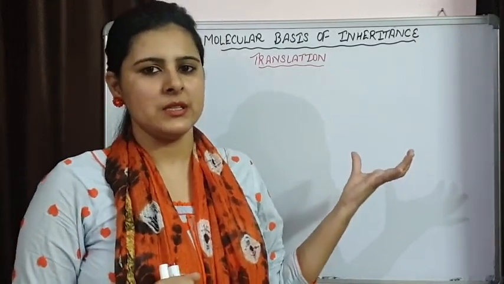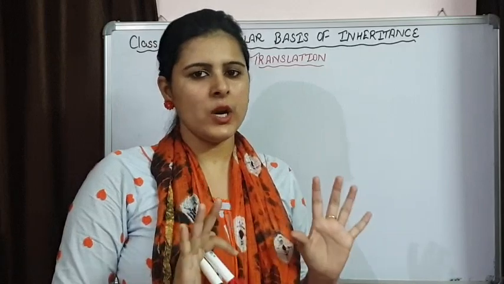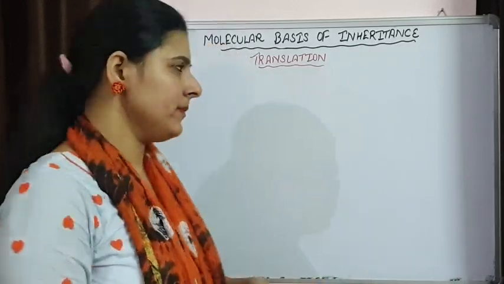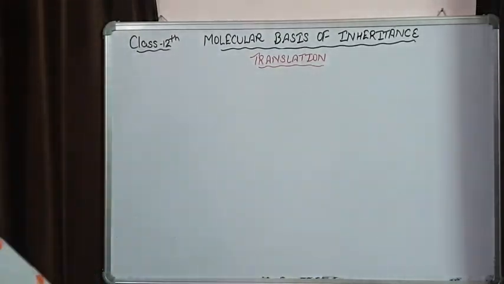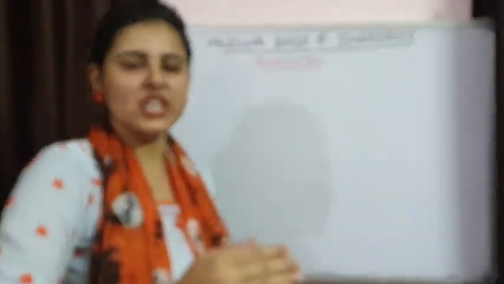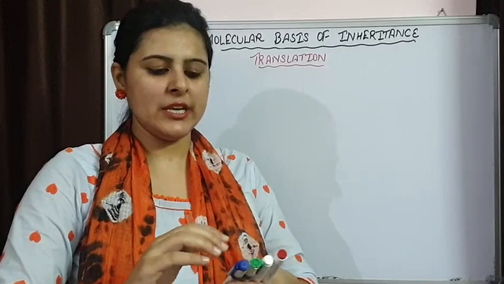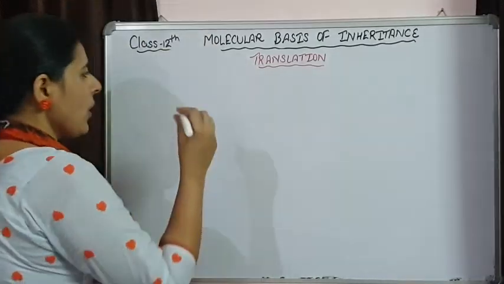They are helping in this process. This is what we have talked about. Now the next step, the second step, is the elongation step. After initiation, elongation of the polypeptide takes place.